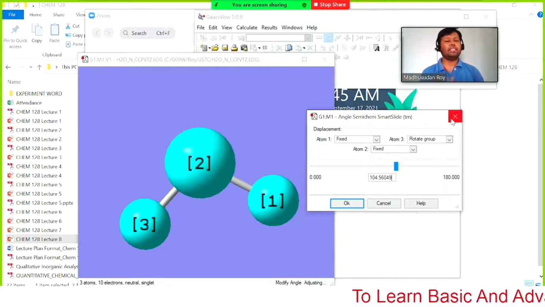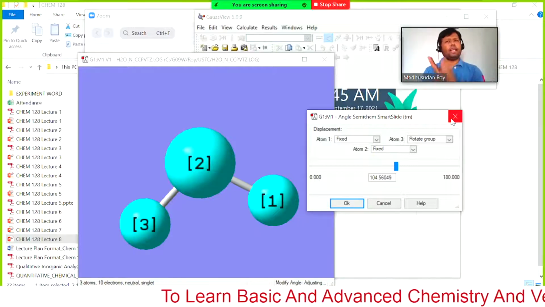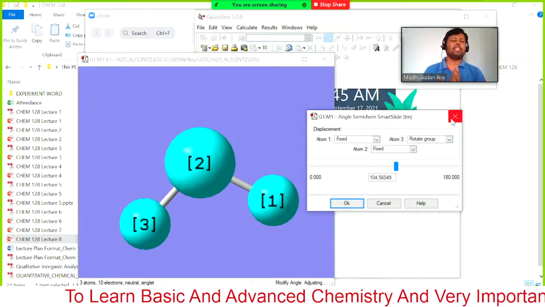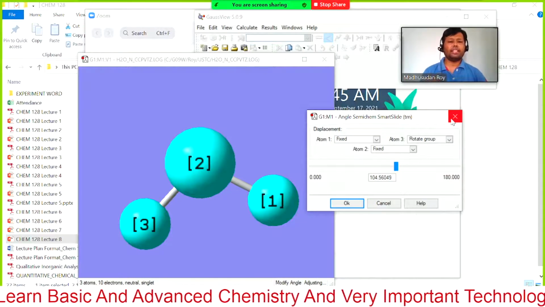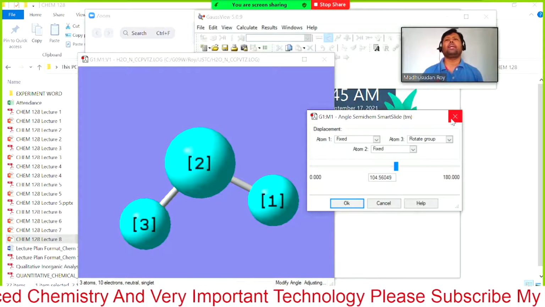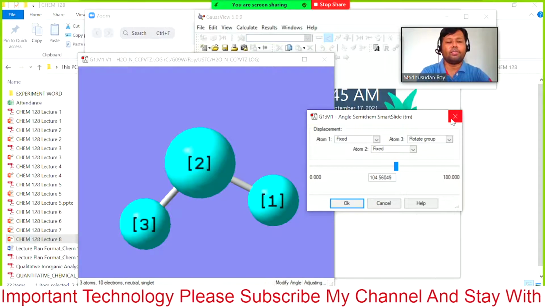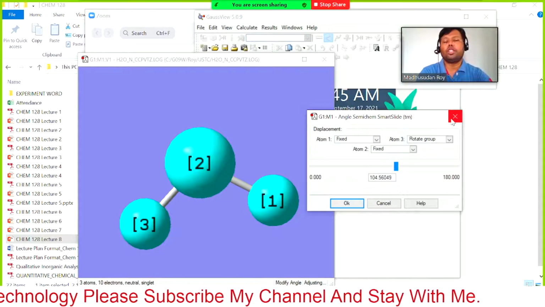Sometimes some of the functions slightly overestimate or slightly underestimate. From practice and experiment, we are familiar with the bond angle of the water molecule being around 105 degrees.